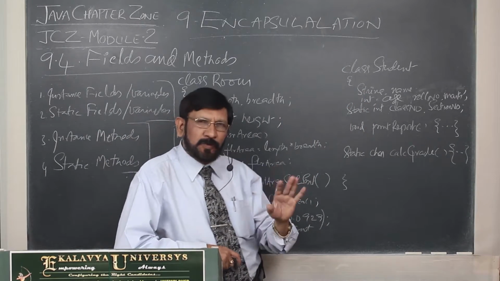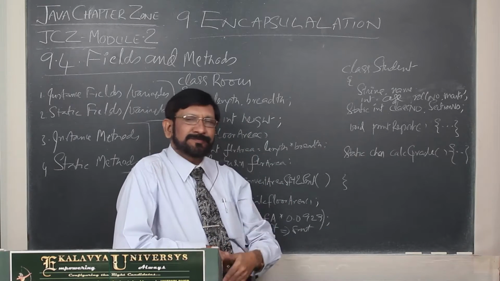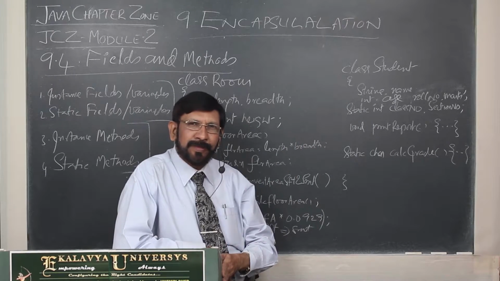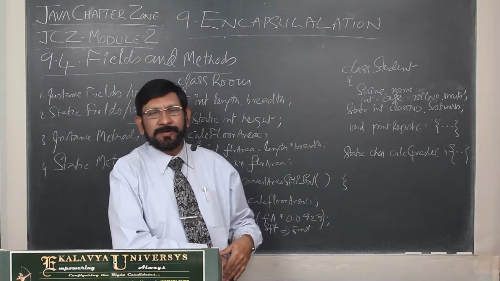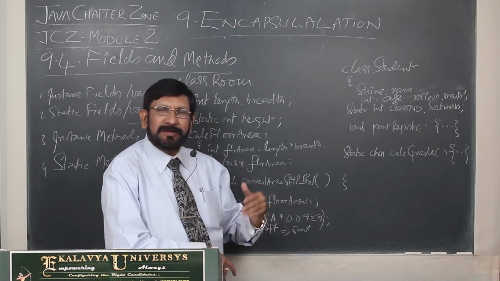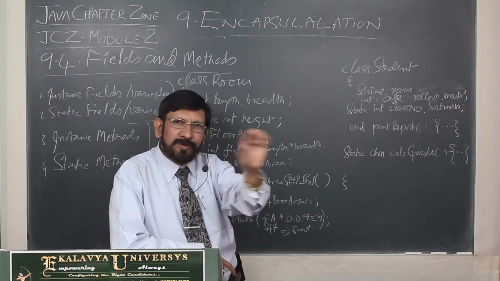Name: suppose in a class, let us say 10th class A section, you have to prepare the students' report. Then string name, name of every student I declared as instance, because every student in the class has a unique name.